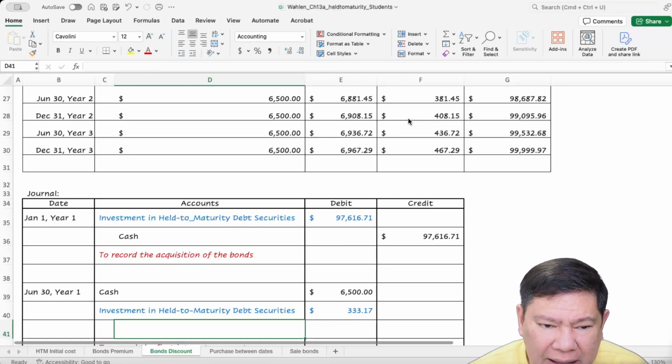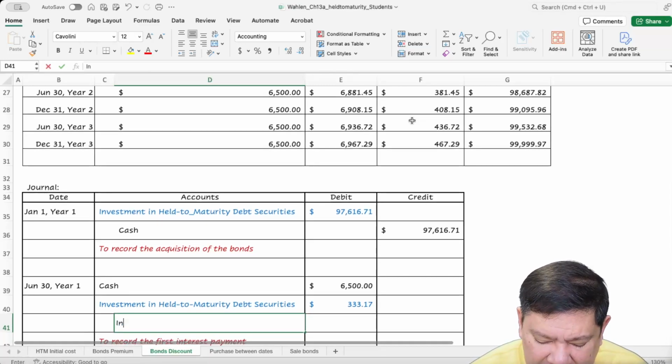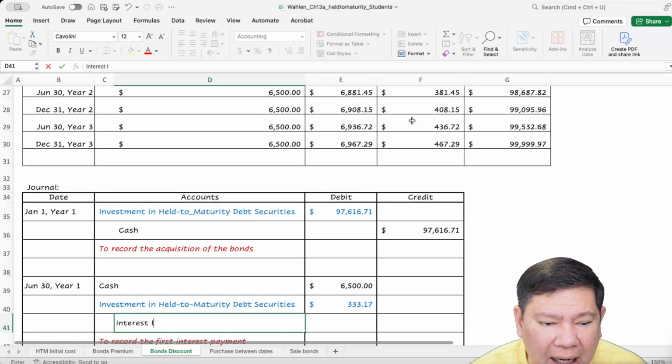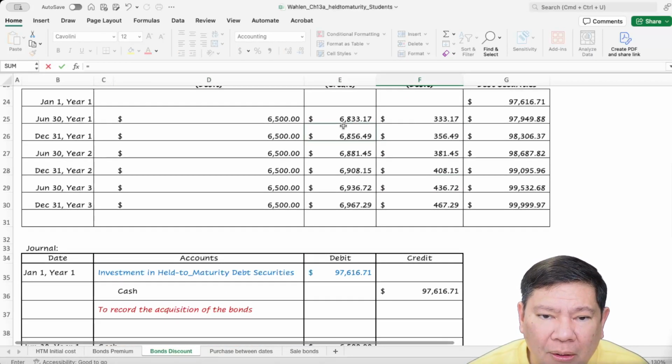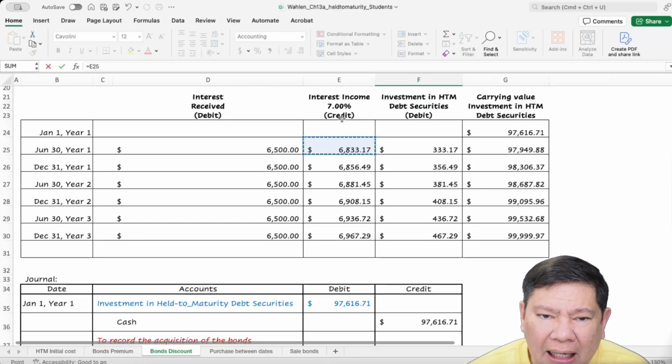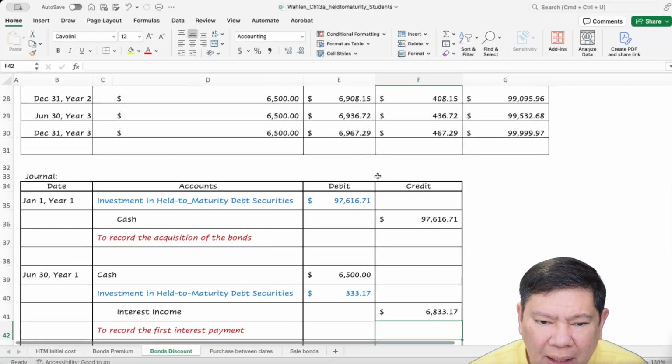Okay, so this is going to be our interest income coming from this one. Okay, the first row of calculation under interest income.